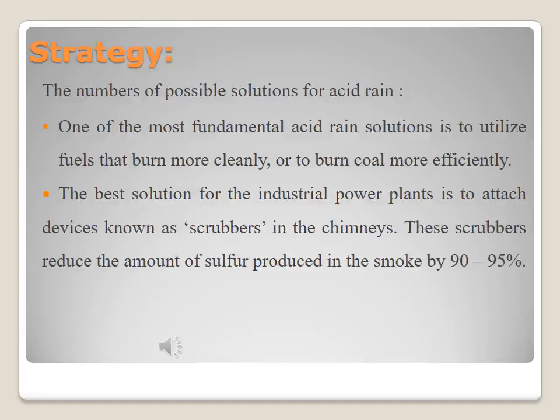For example, in 1985, the Helsinki Protocol on the reduction of sulfur emission under the Convention on Long-Range Transboundary Air Pollution. Canada and the United States signed the Air Quality Agreement in 1991. Most European countries and Canada have signed the treaties.